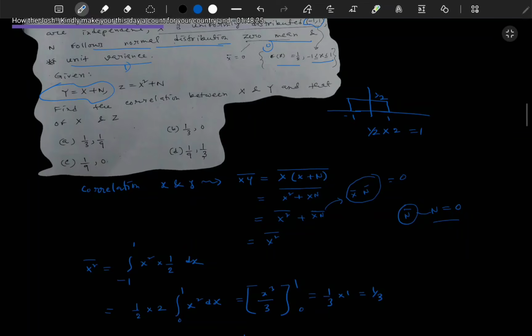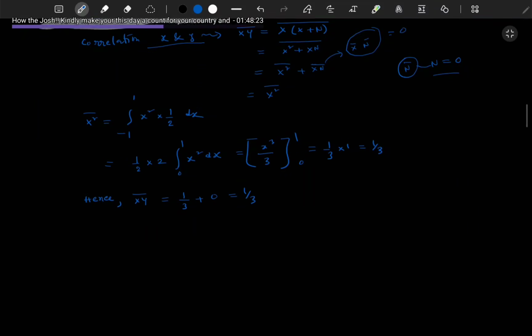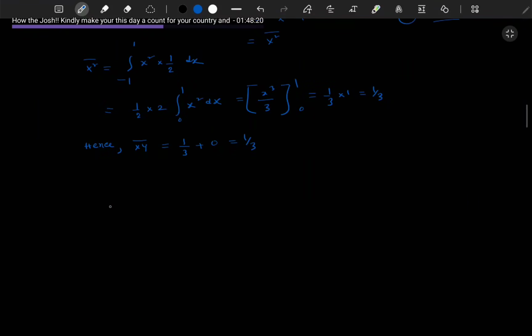Now similarly we need to find out the correlation between x and z, and z is given like this. As they are independent, I can write it separately, not an issue.